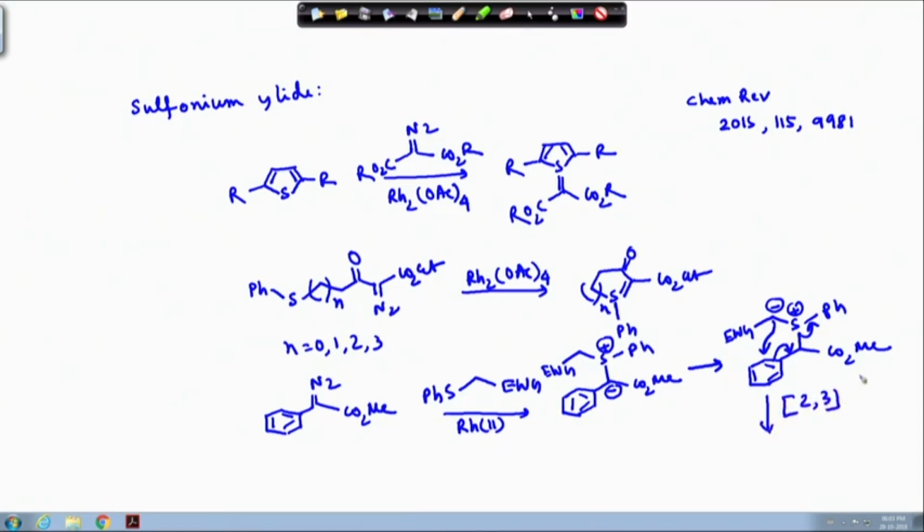I have already mentioned what this 2,3 sigmatropic rearrangement is. Once the 2,3 sigmatropic rearrangement happens, this will generate this particular product.